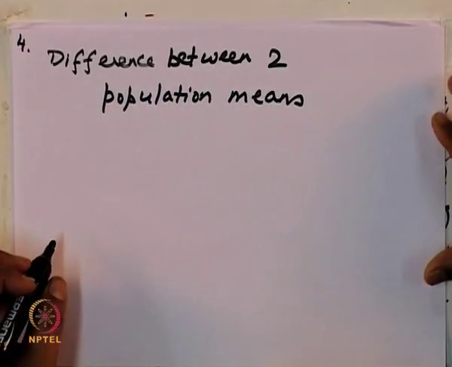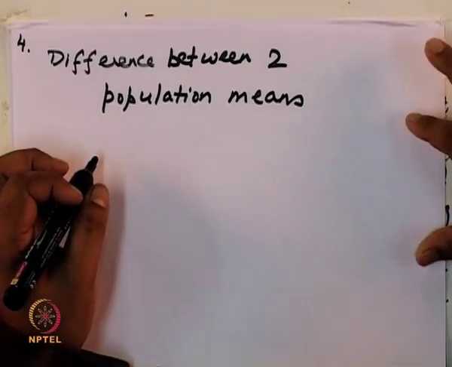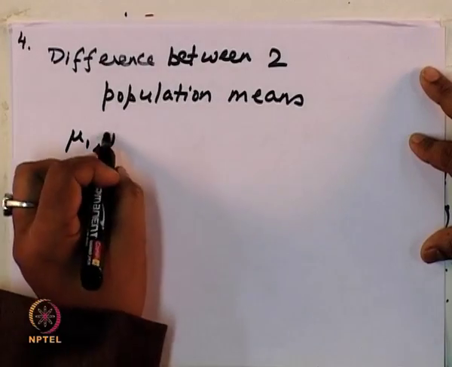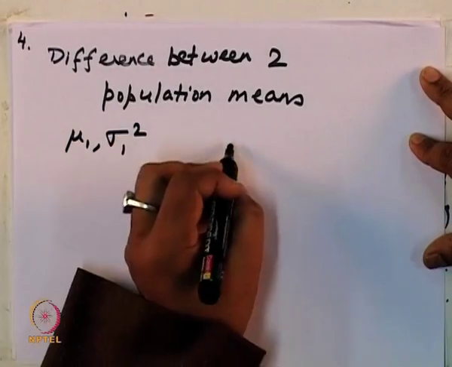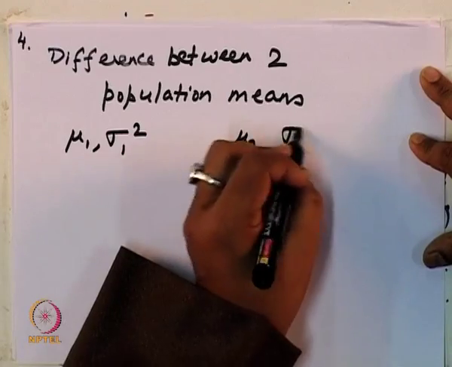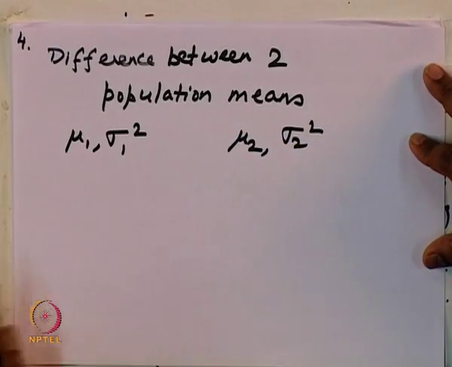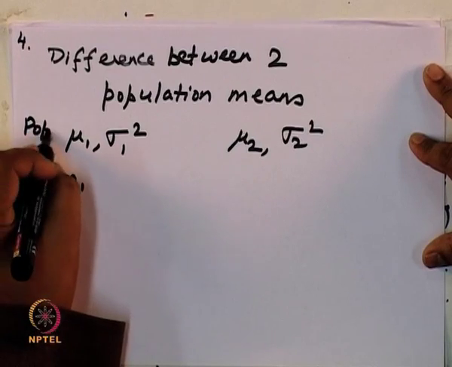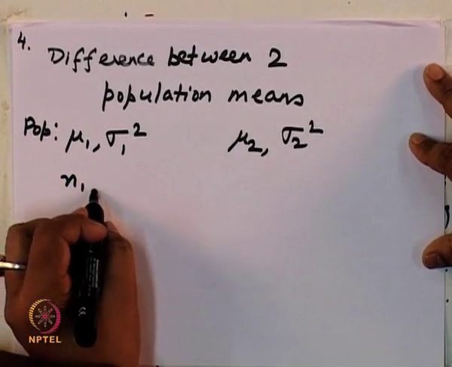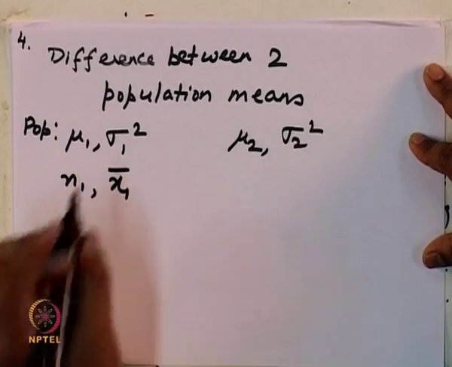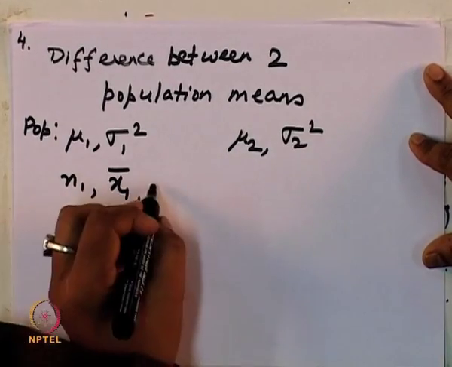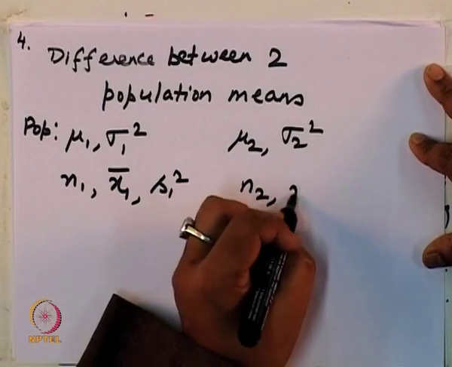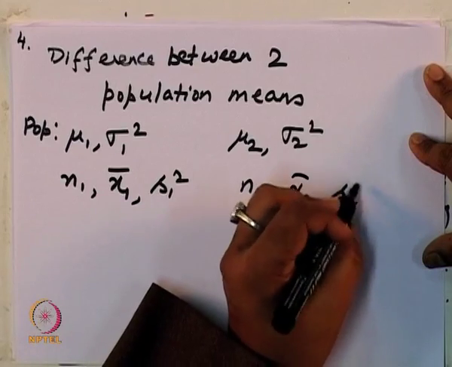If you have two populations, one with mean mu 1 and variance sigma 1 square, and another with mean mu 2 and variance sigma 2 square, and you draw a sample of size n 1, you get a mean of x 1 bar and a variance of s 1 square, and for n 2, x 2 bar and s 2 square.